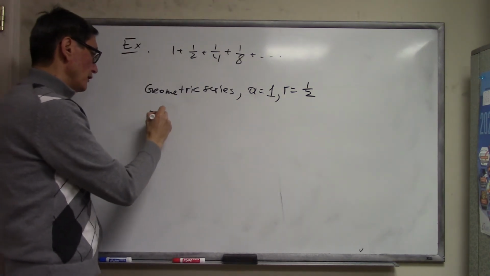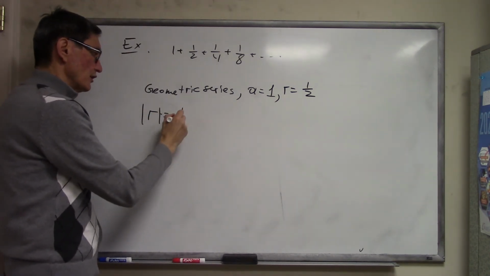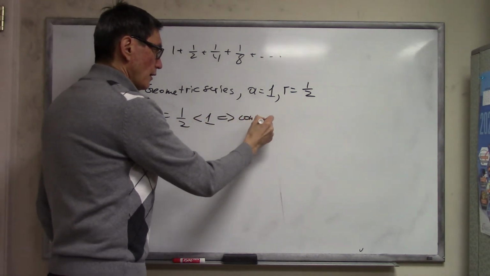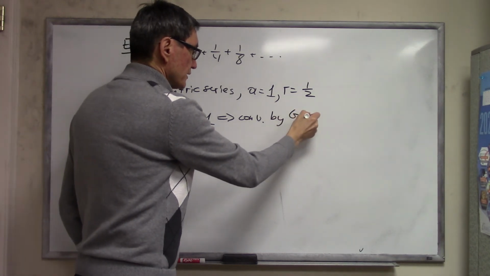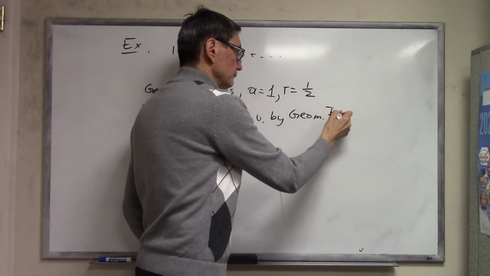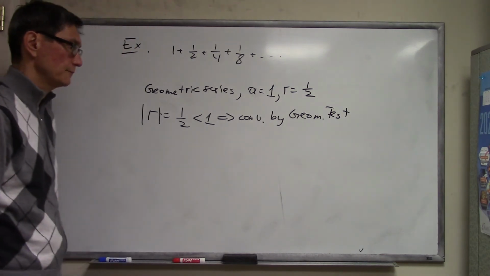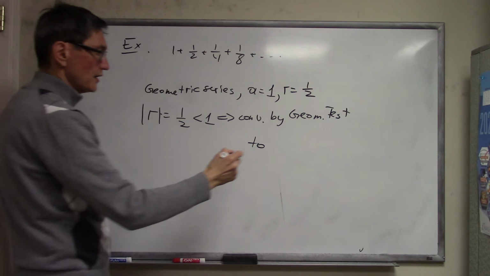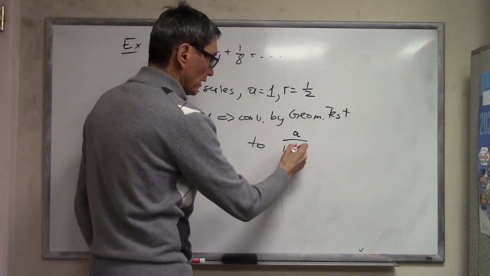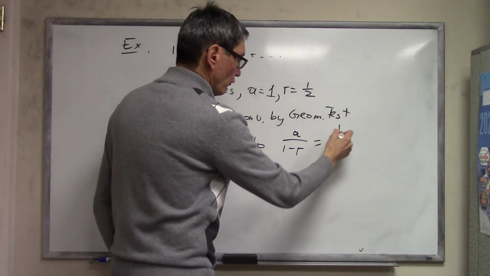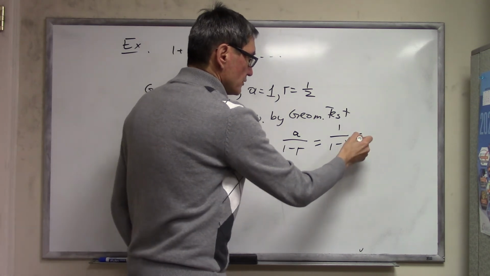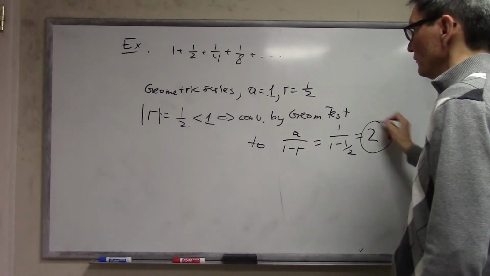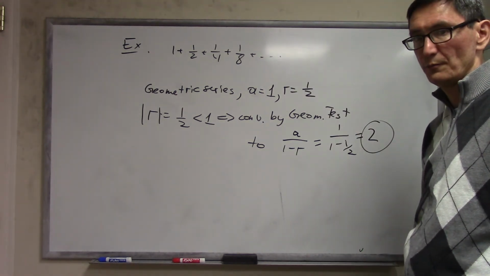So absolute value of r, which equals 1/2, is less than 1, therefore it's convergent by the geometric series test. It converges to a over 1 minus r, so 1 over 1 minus 1/2. So this series is going to be convergent to 2.